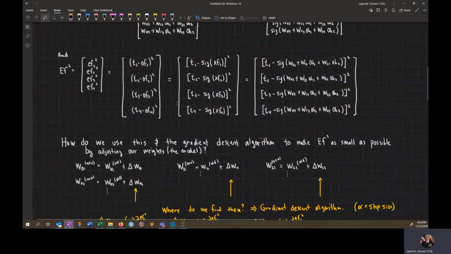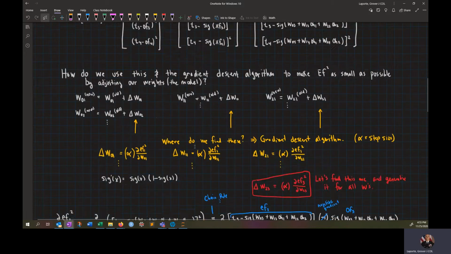If you go up here and look at EF1 squared, you'll see that it has WO1, W11, and W21. There are no other WO1s, W11s, or W21s in the other functions. So all I need to do is take the partial derivative of this function with respect to WO1, W11, and W21, and that'll tell us how much to move each one of those.